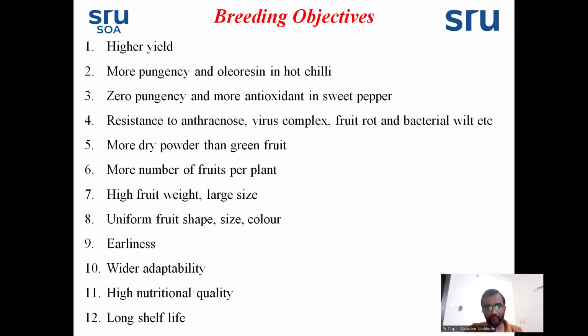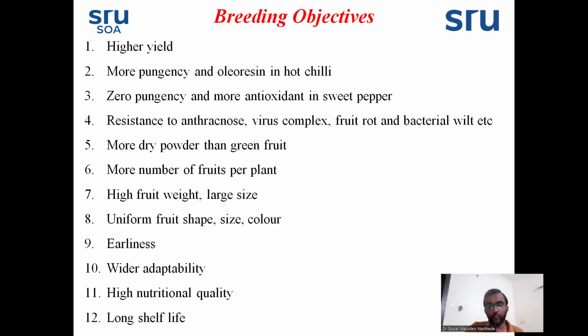Then more pungency in hot pepper, and zero pungency and more antioxidants as far as sweet pepper is concerned. Then next, as we are quite aware, anthracnose is the most severe disease in chili, along with leaf curl and bacterial wilt. So you have to breed resistant cultivars.